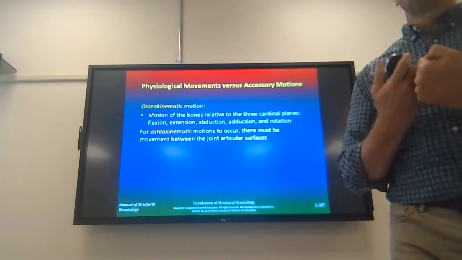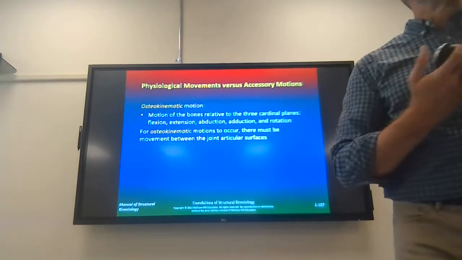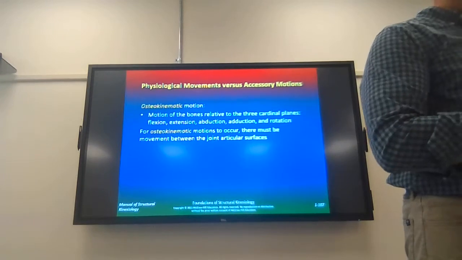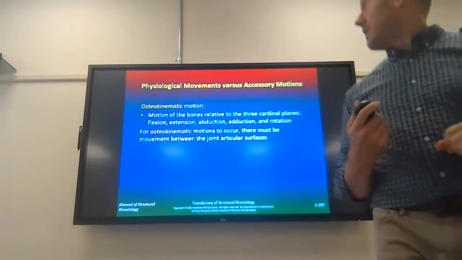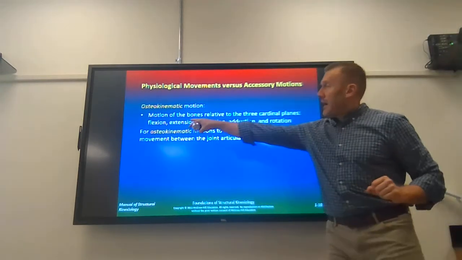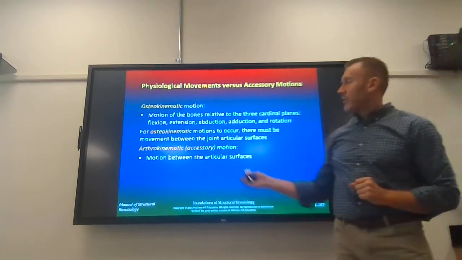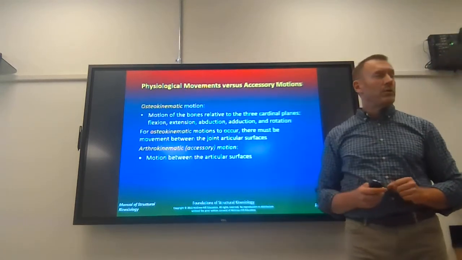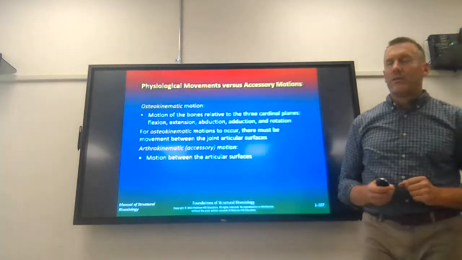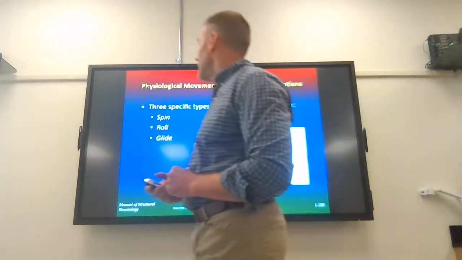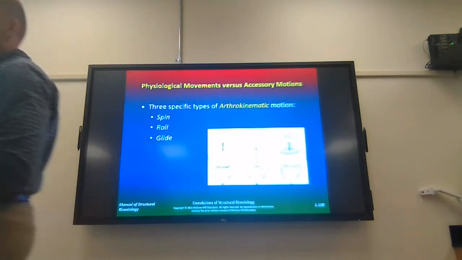So the parts of bone that articulate to form a joint, we have to have minute adjustments that allow for these larger movements to take place. So we call those arthrokinematic or accessory motions.